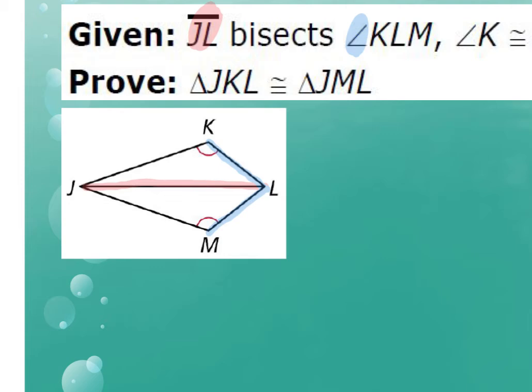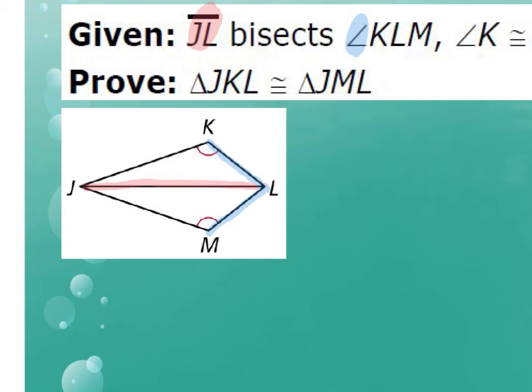Well, what happens when something bisects an angle? When a line segment bisects an angle, what does that mean? Did we forget? Bisects. It goes in the middle. Yeah, it's right down the middle, right? So it divides it into two equal parts, okay?